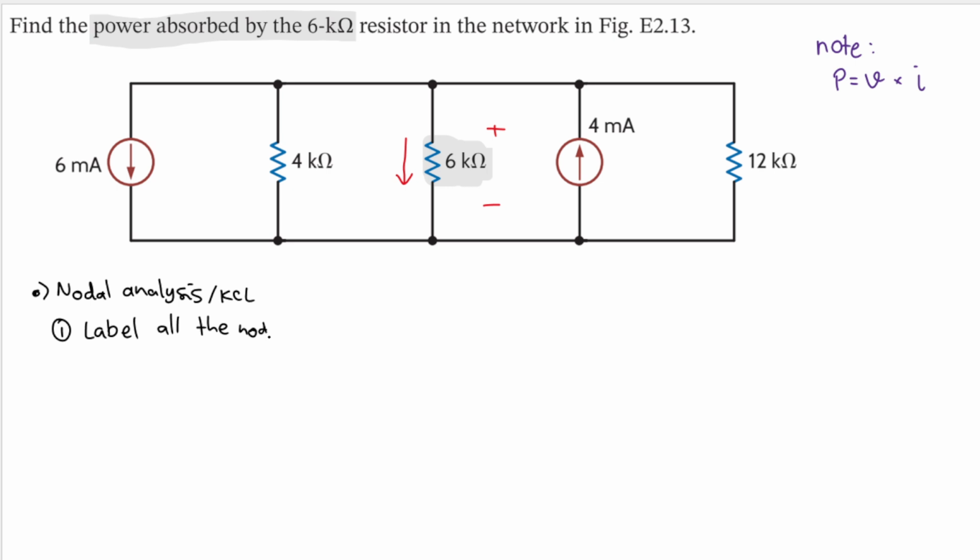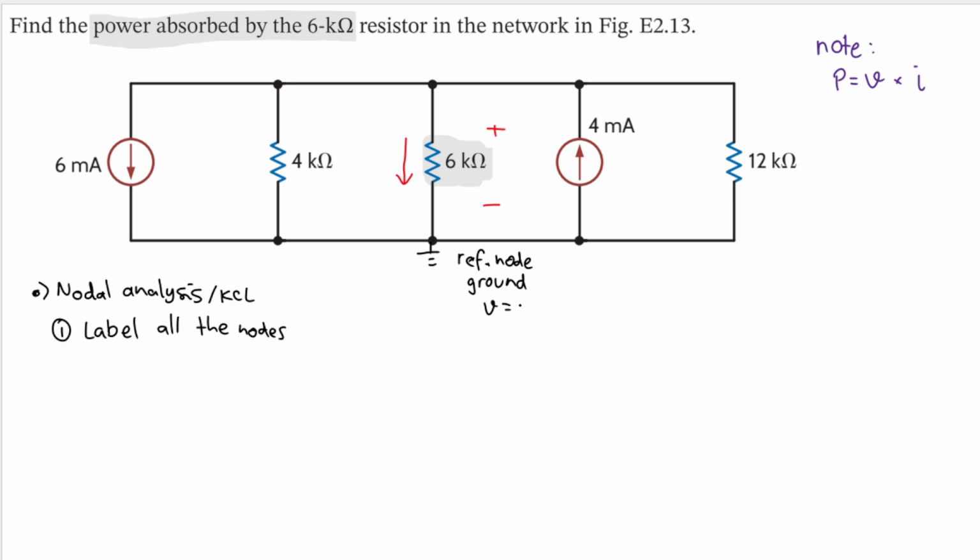Okay, let's see what we can get from the circuit here. So let's use this bottommost node as our reference node or our ground, in which the voltage will be 0, right?